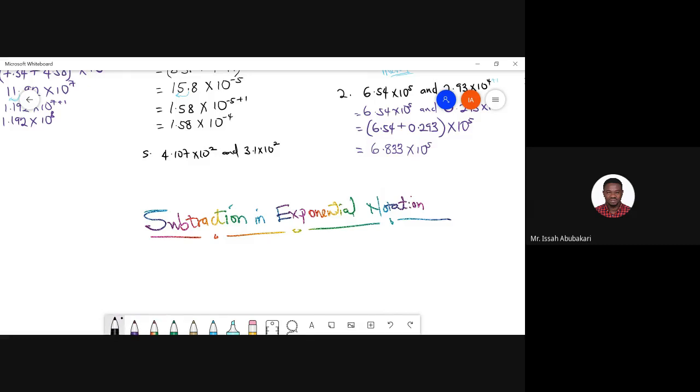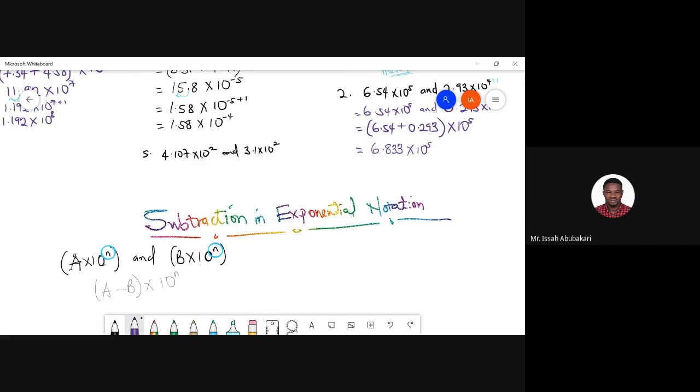For instance, if we have a multiplied by 10 exponent n, and we have b multiplied by 10 exponent n, and you are asked to subtract these two numbers, because they have the same power, base 10 power n, then we can subtract these numbers by writing a minus b, then we multiply it by 10 power n.